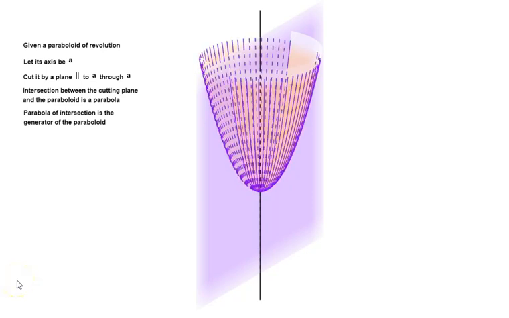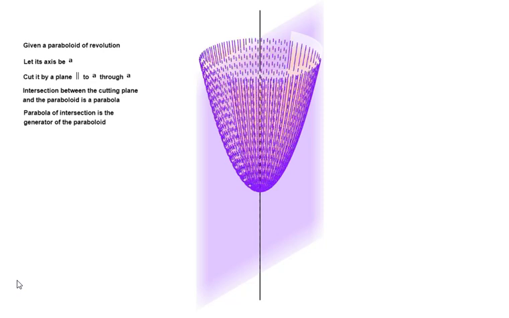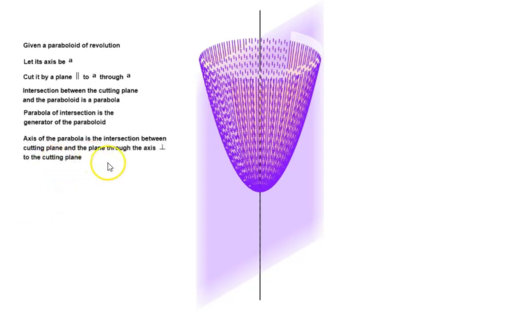So as you can see, this intersection is the generator of this paraboloid. Now the axis of the parabola is the intersection between this cutting plane and the plane through the axis perpendicular to the cutting plane.